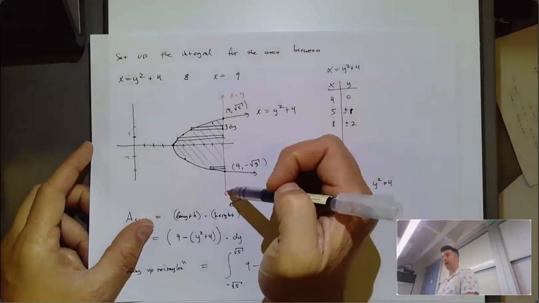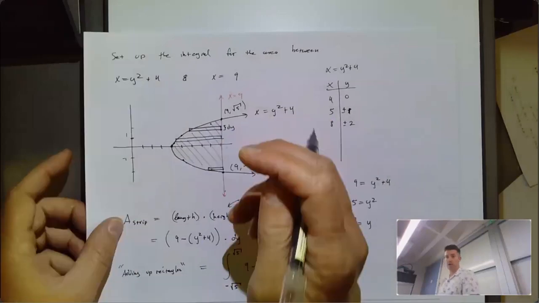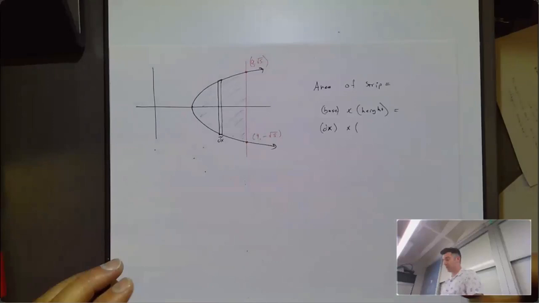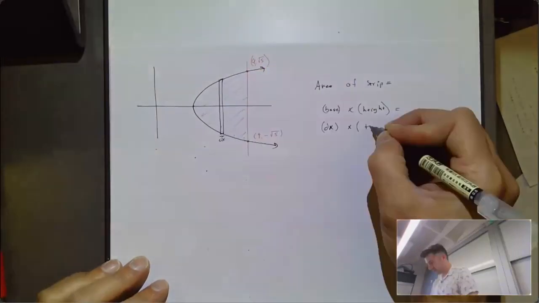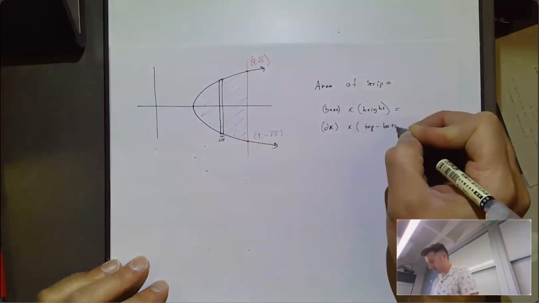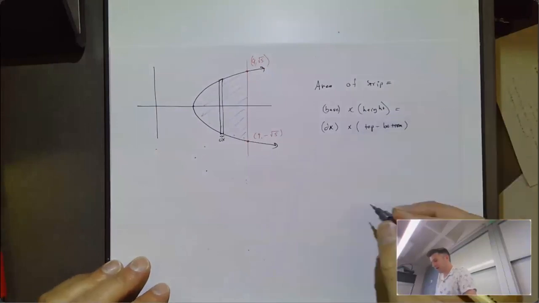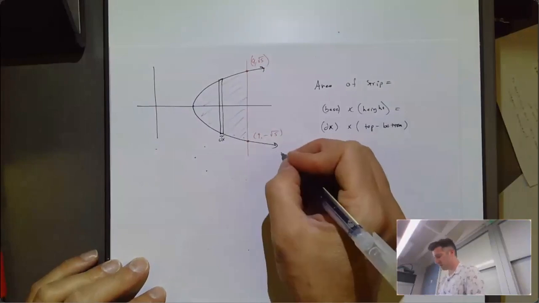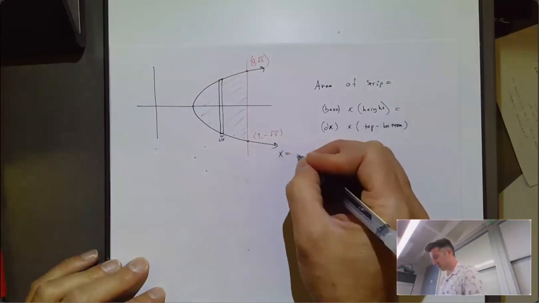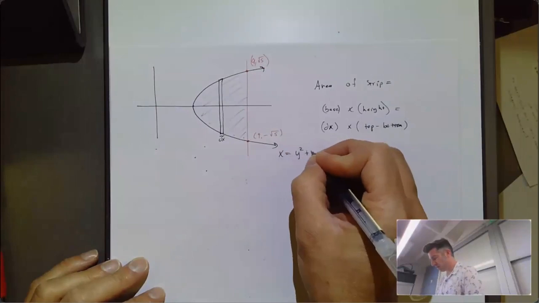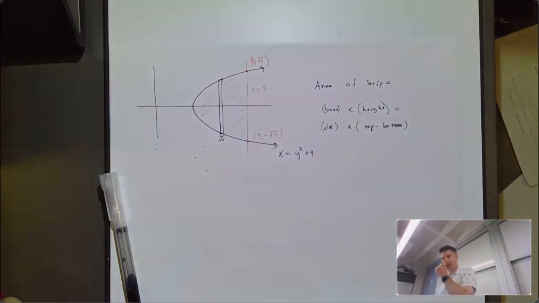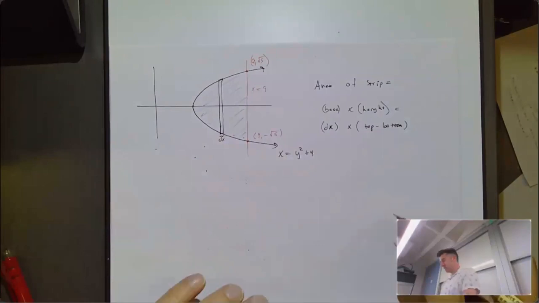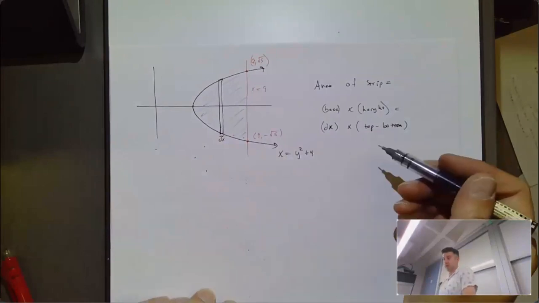The bigger x value minus the smaller x value. For a vertical strip or a vertical rectangle, the height or the length of it is the top minus the bottom. Well, my top function and my bottom function are the same, right? This parabola is x equal to y squared plus 4, and this line is x equal to 9. But if I do y squared plus 4 minus (y squared plus 4), that's going to be 0, which is the problem. And the problem really is this needs to be a function of x, not a function of y.